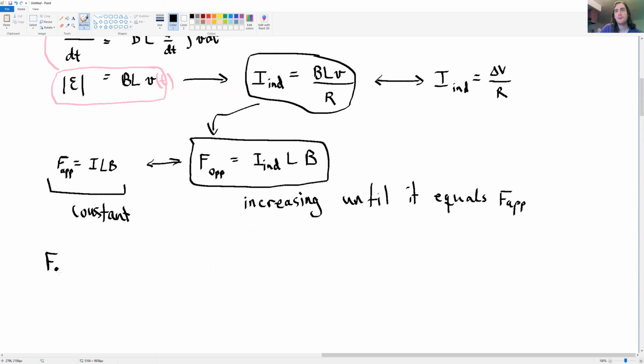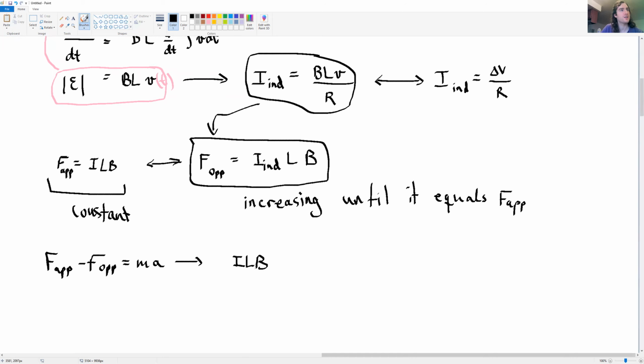So we have F applied minus the opposing force equal to mass times acceleration. This equation tells us that the applied force is ILB, and all of these quantities are constant.